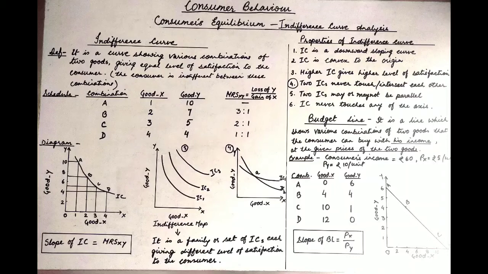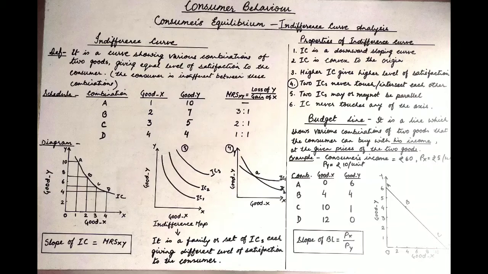In combination B, he spends a part of his income on X also, that is rupees 20, and rest on Y. In this way, various combinations of these two goods can be made which the consumer can buy with his income and at the given prices of the two goods.